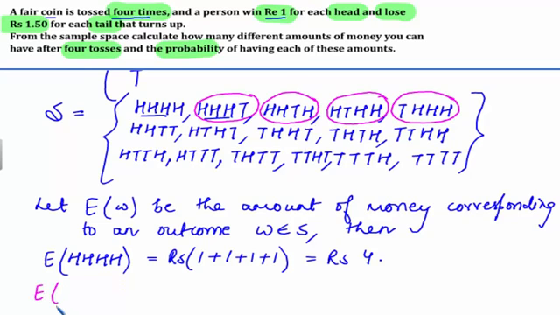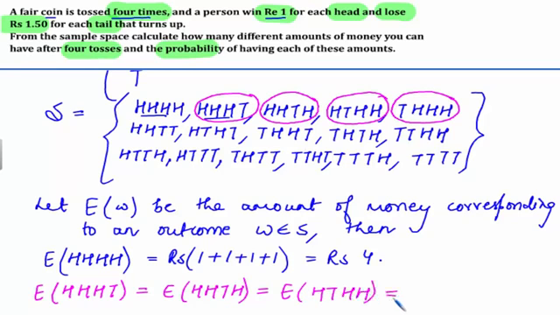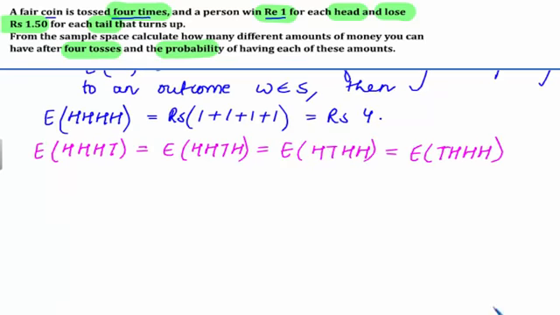That is E(HHHT) is equal to E(HHTH) is equal to E(HTHH) is equal to E(THHH), and this is equal to rupees, now there are 3 heads, therefore we have 1 plus 1 plus 1 and 1 tail.